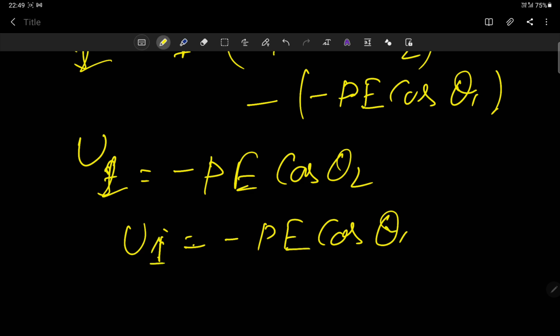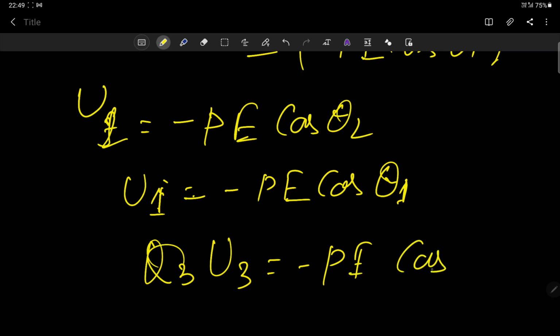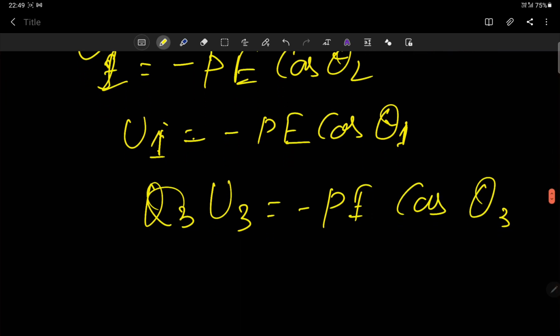Now look, there is a similarity. Similarly at an angle theta 3, potential energy will be minus P E cos theta 3. At an angle theta 4, potential energy U4 will be minus P E cos theta 4.